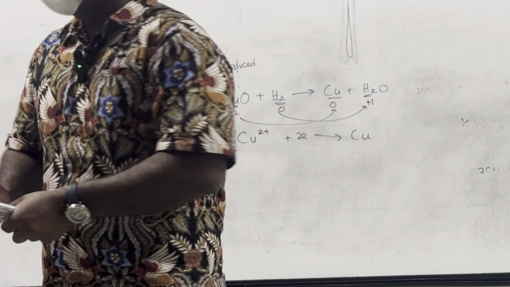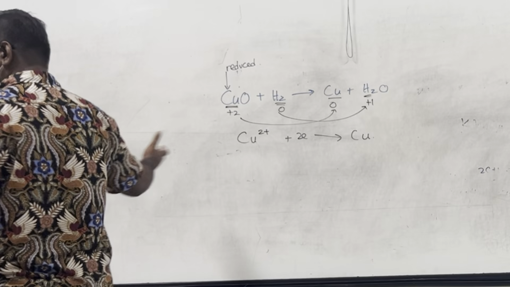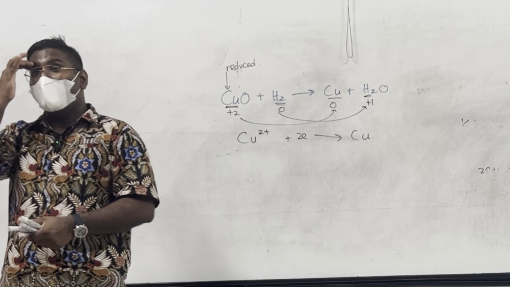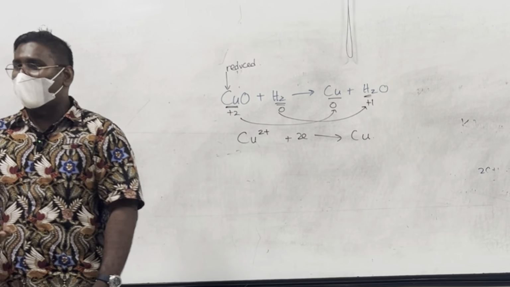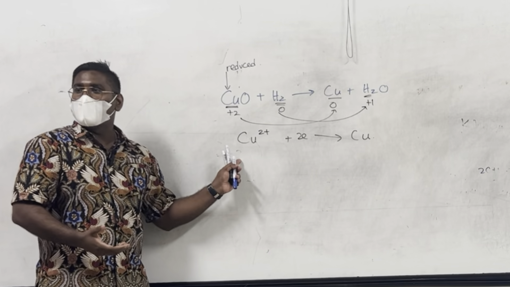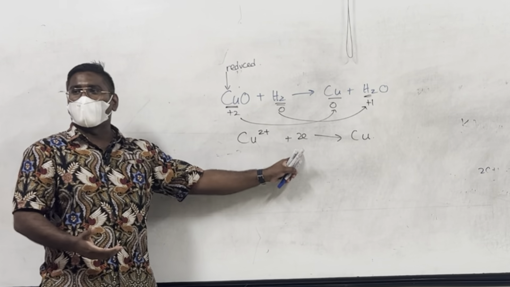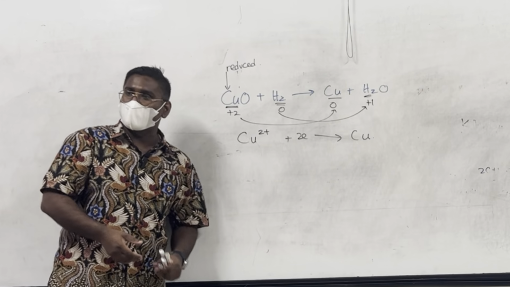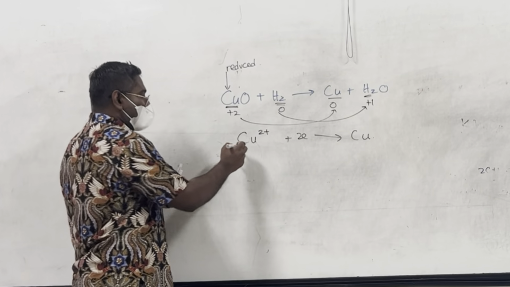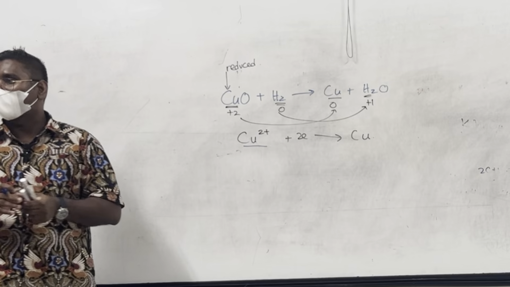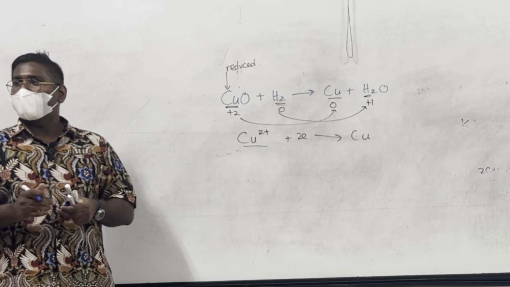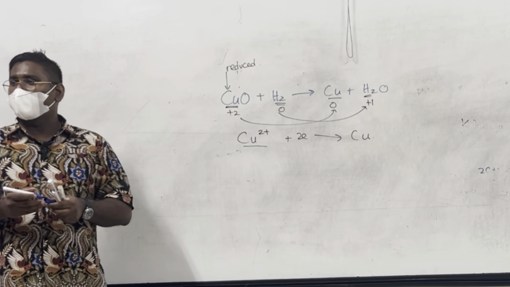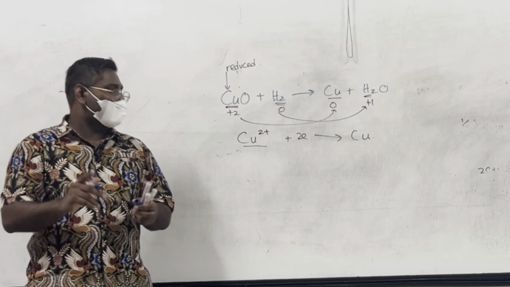Now I can also use oxidation number to explain half equations. For half equations, Cu2+ plus 2 electrons gives you copper. What is the oxidation number of Cu2+? No laptop during class.